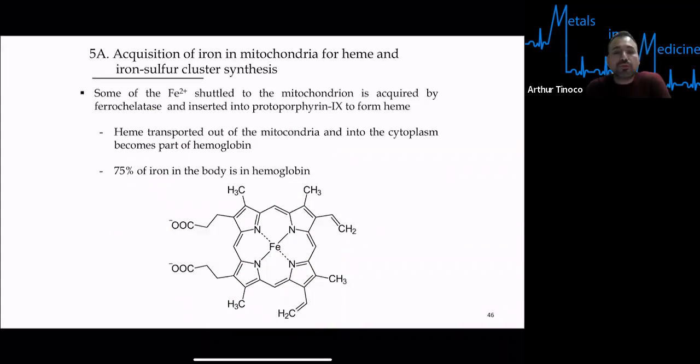All right. So where is the iron that's actually going to be utilized? We've talked about this idea that a large portion of that iron ends up in our blood cells, our red blood cells. The first thing is that the iron that is now reduced to iron 2 is going to get shuttled into the mitochondria. Within the mitochondria, it gets placed into a molecule called protoporphyrin 9.